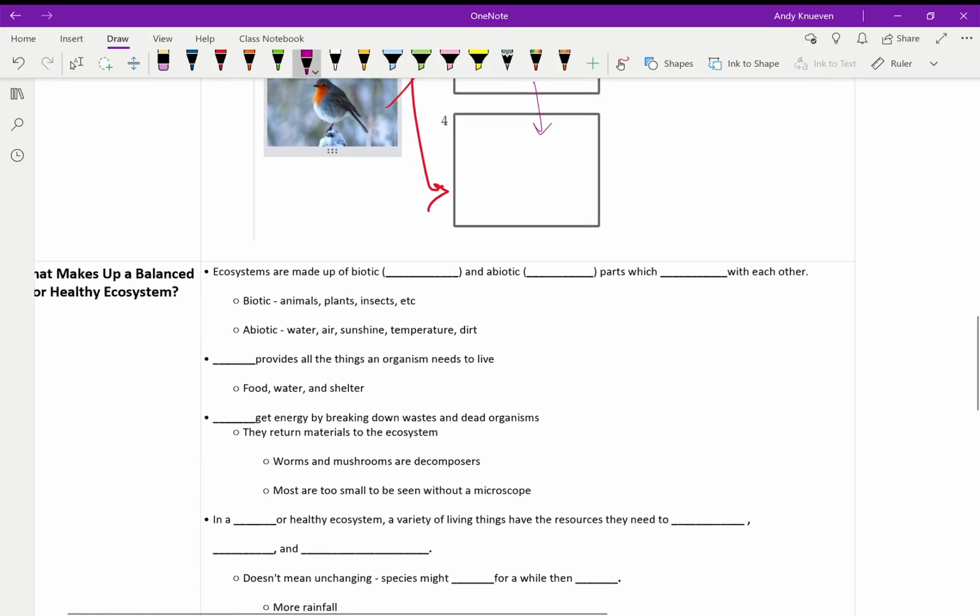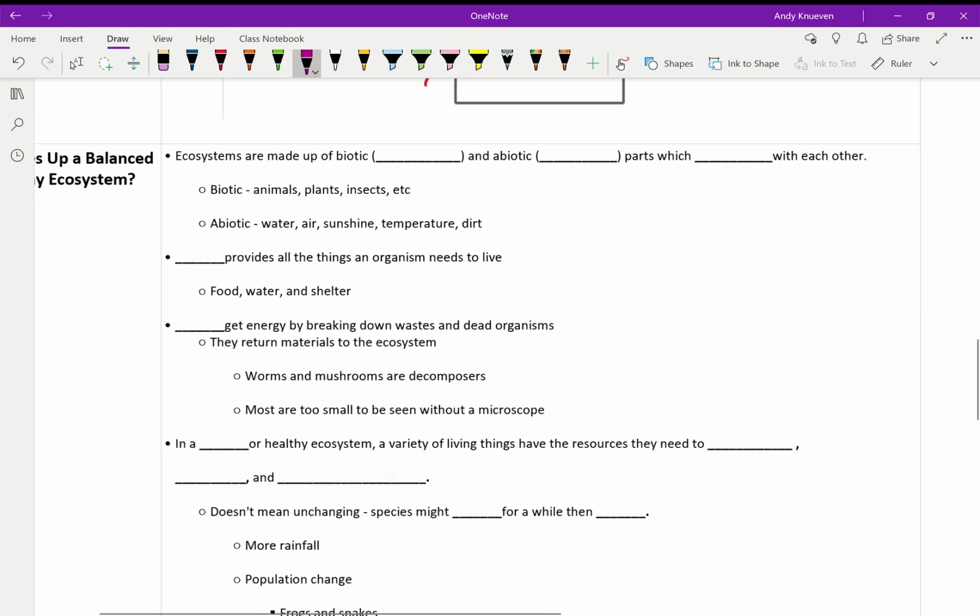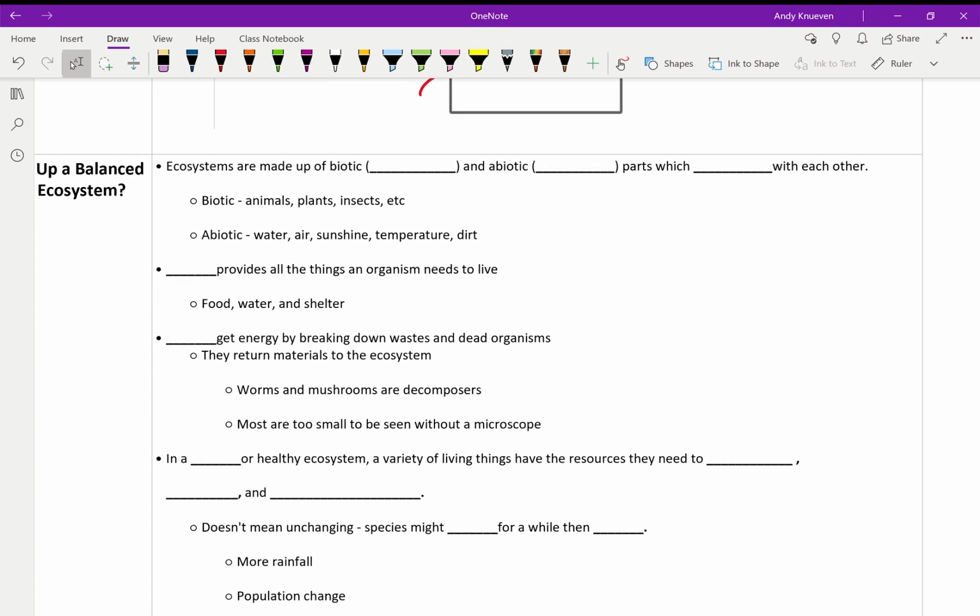So let's look at how healthy ecosystems are balanced, or what makes them. Ecosystems are made up of biotic, and again, we call those living things, and abiotic, which are non-living. But the proper term is biotic and abiotic.